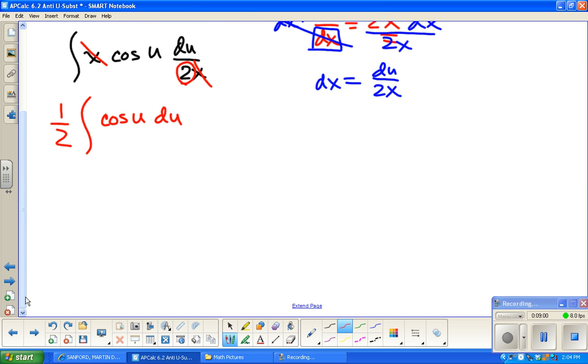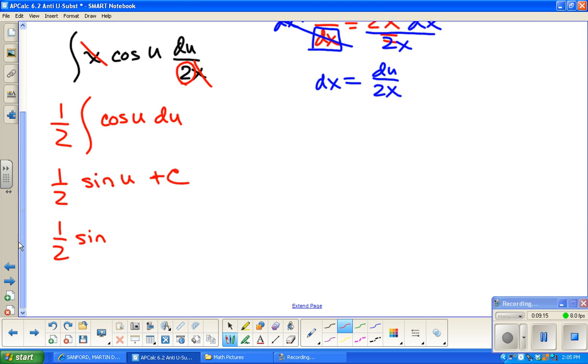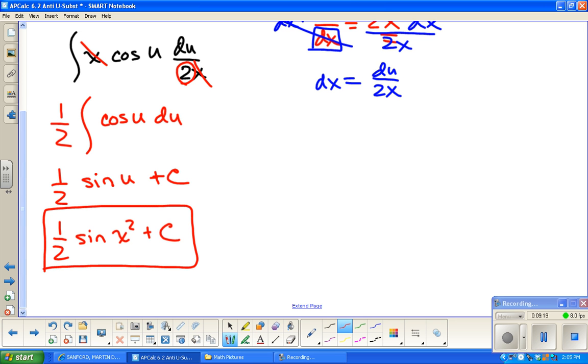This is something that I can do the antiderivative of fairly easily. Again, antiderivative of cosine is sine, and I need a plus c. The only catch now is that I need to go back and replace the u again with what it is in x, so x squared, and that's it.